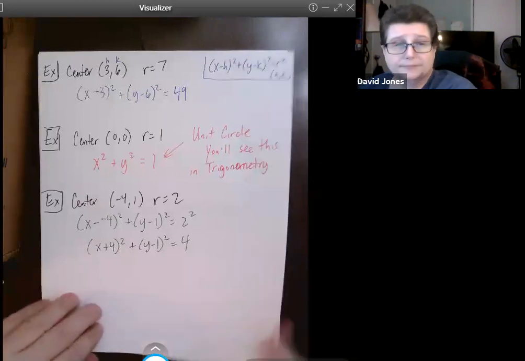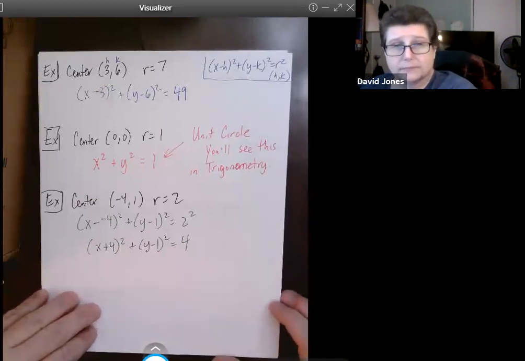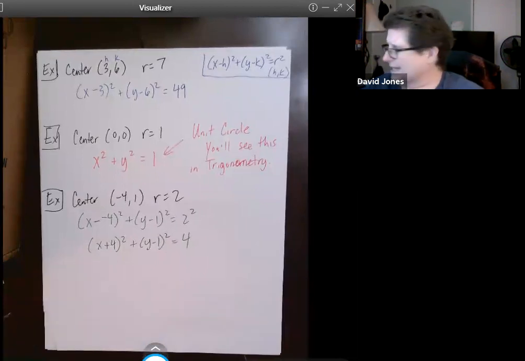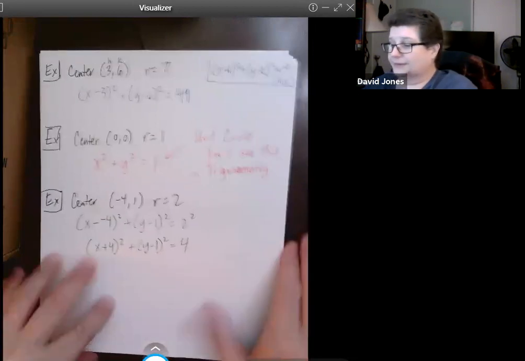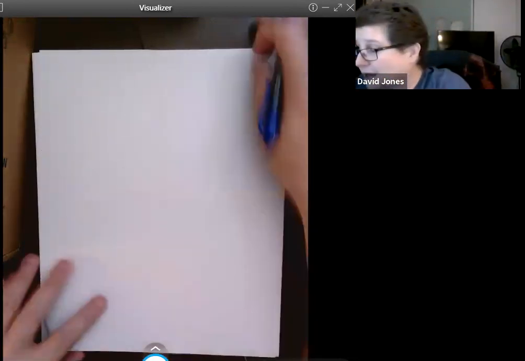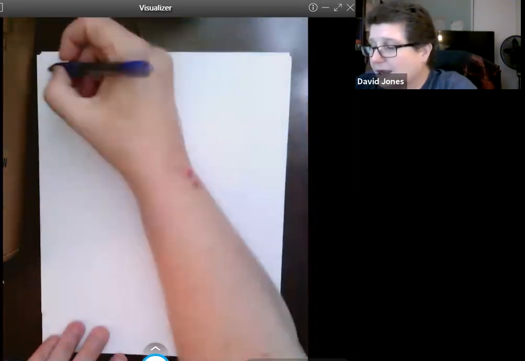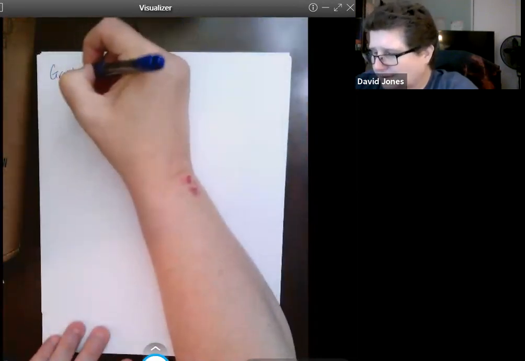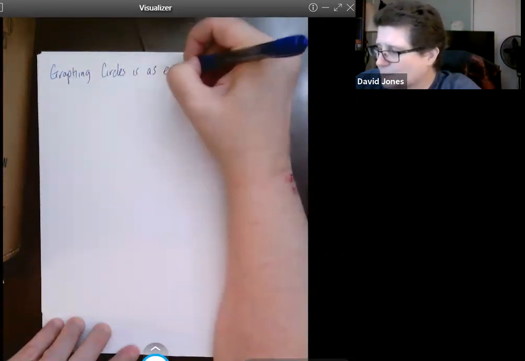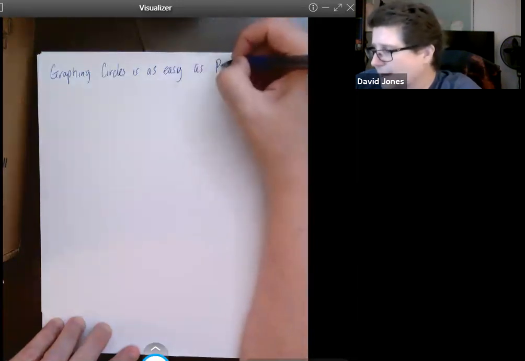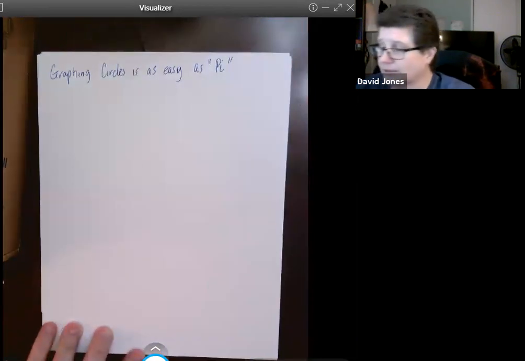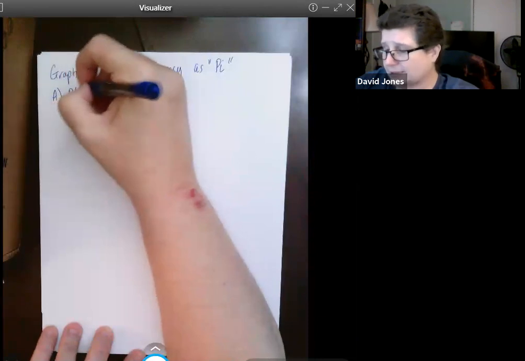Graphing these is as easy as pie. And just to make it a terrible pun, graphing circles is as easy as pie, but not P-I-E, pie. Step 1, plot the center.